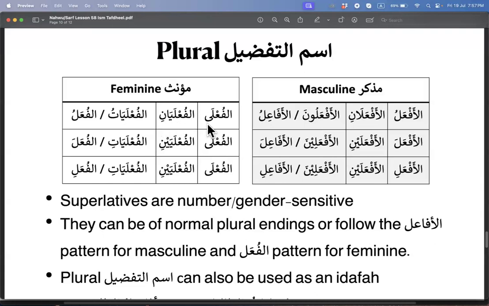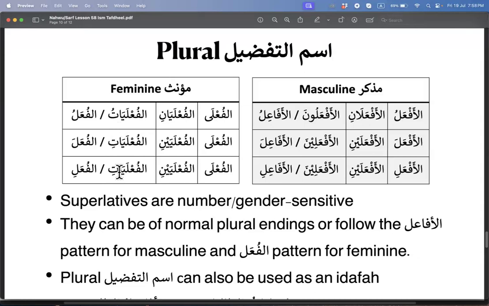So the alif here becomes ya, yaini, this is your dual version. And then your plural version is atun. So al-fu'layatu, al-fu'layati, al-fu'layati. Atun, atin.